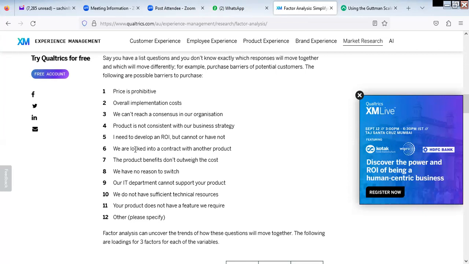We are locked into contract with other product. The product benefits don't outweigh the cost. We have no reason to switch. Our IT department cannot support your product. We do not have sufficient technical resources. Your product does not have feature and other.